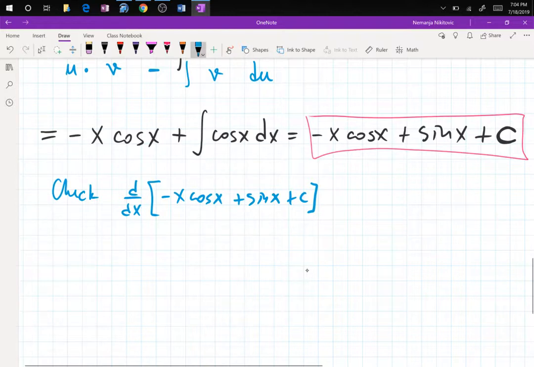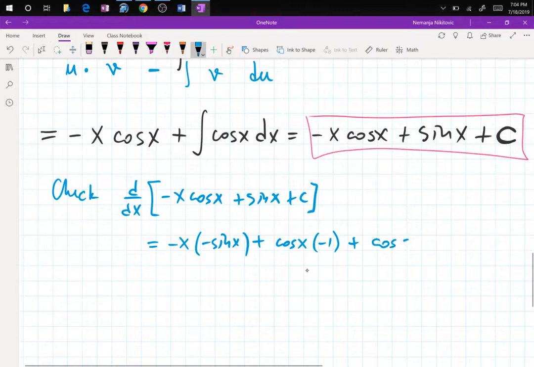Well, you have a product rule on the first term: copy the first, derivative of the second, negative sine x, plus copy the second, cosine x, times negative 1, the derivative of negative x, and then plus the derivative of sine, which is cosine x.